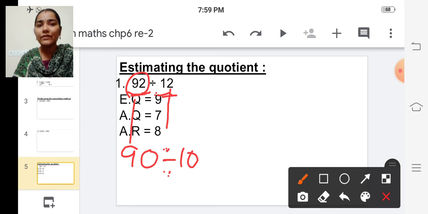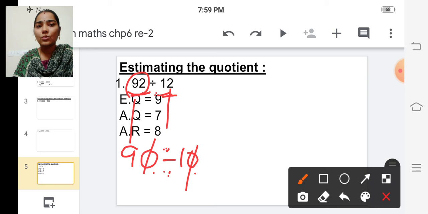So both dividend and divisor end with 0, isn't it? So we can cancel the common number of zeros. Cancel, cancel, and 9 divided by 1 is 9. So the quotient is 9, the remainder is 0.